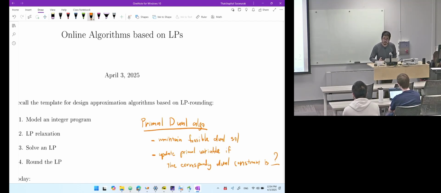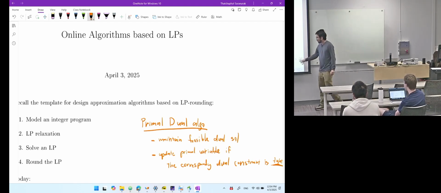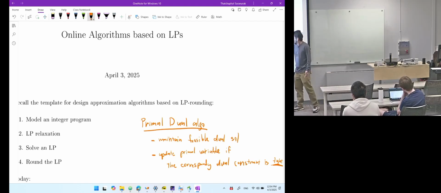Tight. It's tight. Yeah. So this thing will allow you to bound the cost of primal by the dual solution.